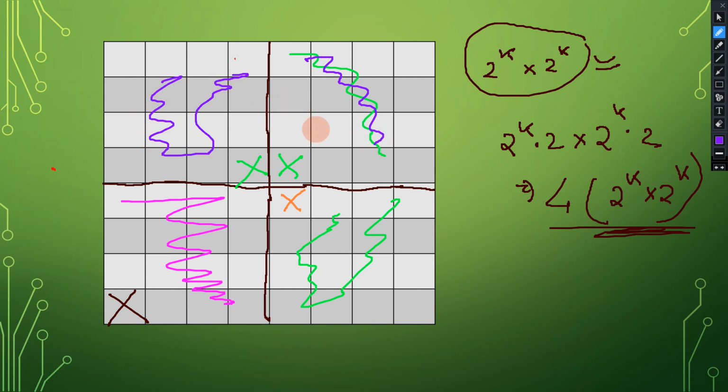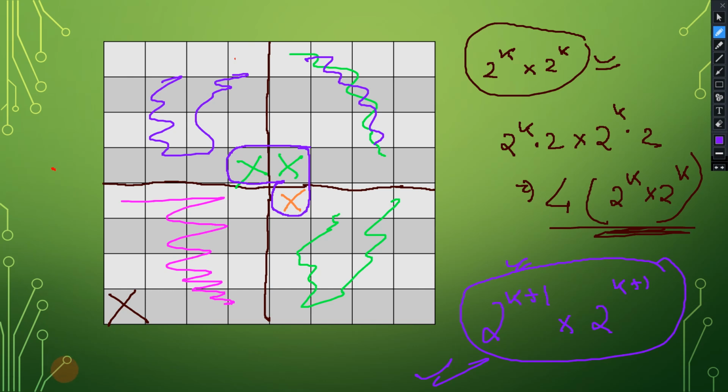Now the only part that has to be covered is this L shape that we assumed was removed, and definitely we can cover this with one triomino. So the answer is yes, a checkerboard of size 2^(k+1) by 2^(k+1) can be covered using triominoes if any one tile is removed.